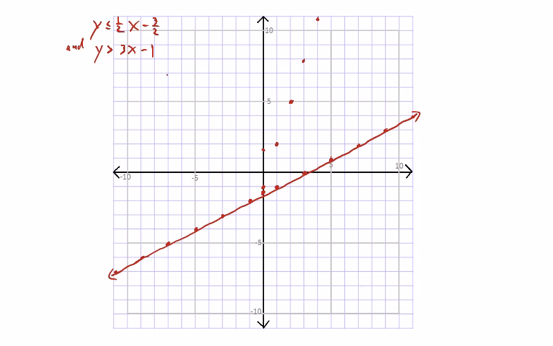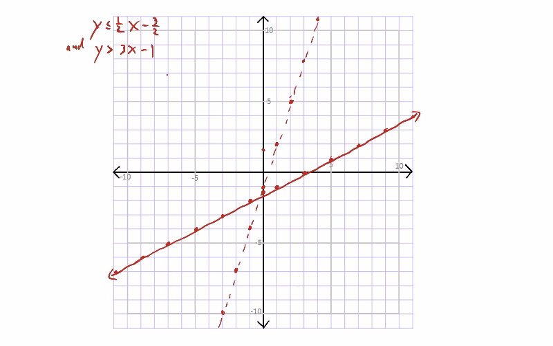Then I'll come back to the y-intercept and go down 3 and 1 to the left, and so on. Now I will put in a dashed line because the solution does not include this line. It's everything up to the line in the solution region.